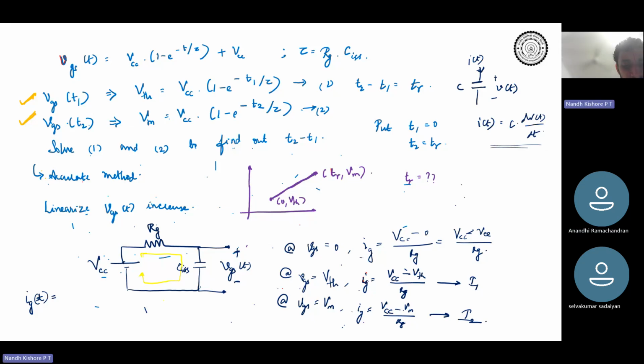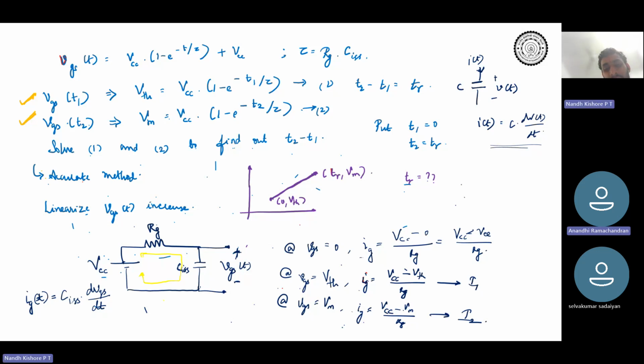What is the capacitance? CISS, right? CISS into what is the voltage across the capacitor? d VGS by dt. Do you understand? Are you able to follow this? Yes. Simple, right? d VGS by dt.